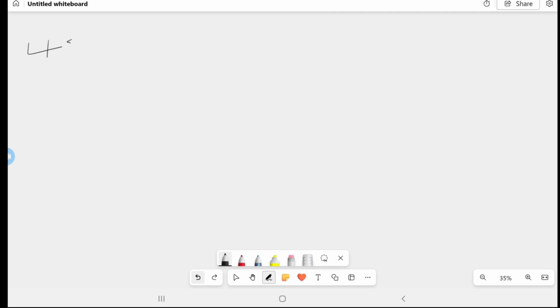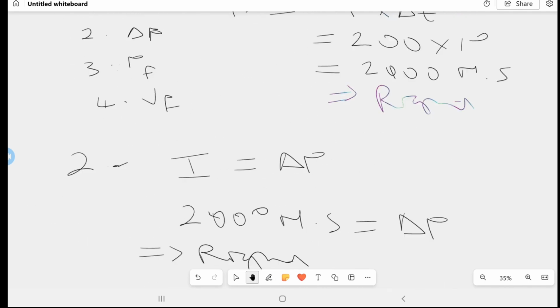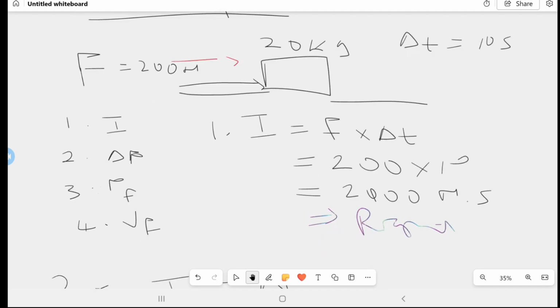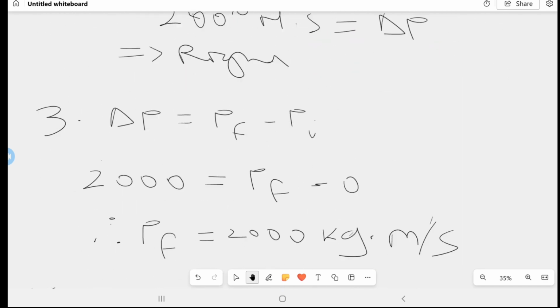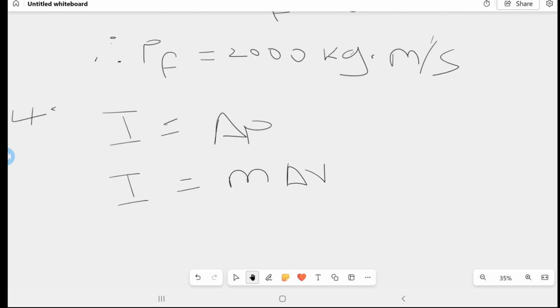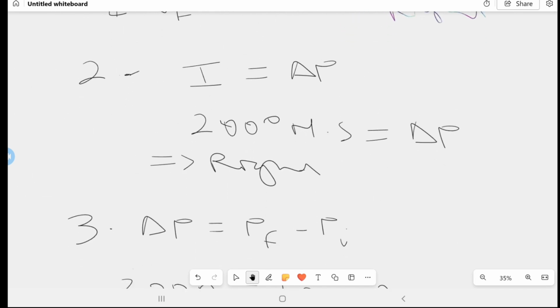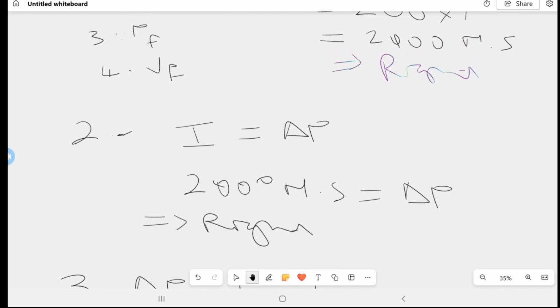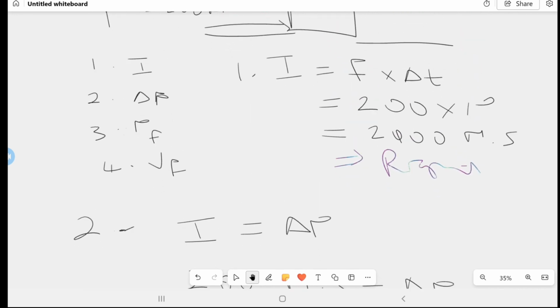We can just say impulse equal to change in P, where we know that our impulse is the same as M multiplied by change in V. If we go back to our question, we'll see that our mass is 20. We never got to use this as much as we should have. Our mass is 20, right?